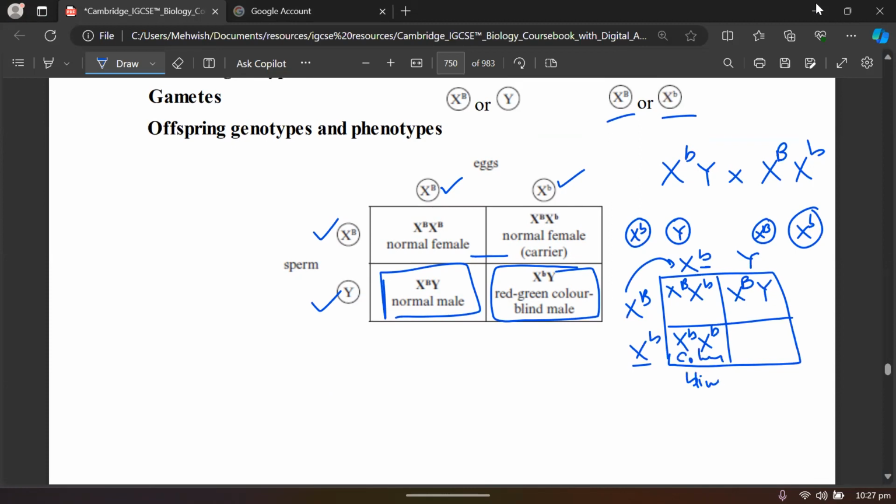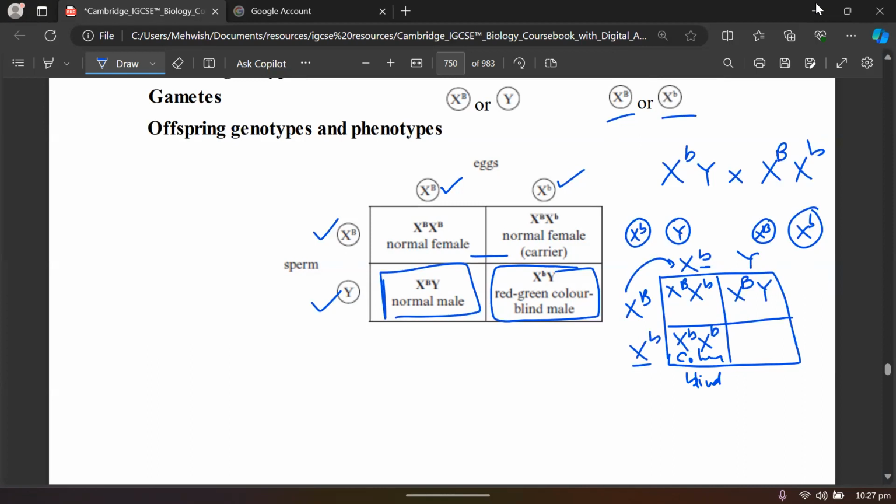This girl is color blind not only because of the mother: the X contributed by the mother is small b, and the X contributed by the father is also carrying small b. Both the recessive alleles, when combined together, produced a daughter who was colorblind, right?